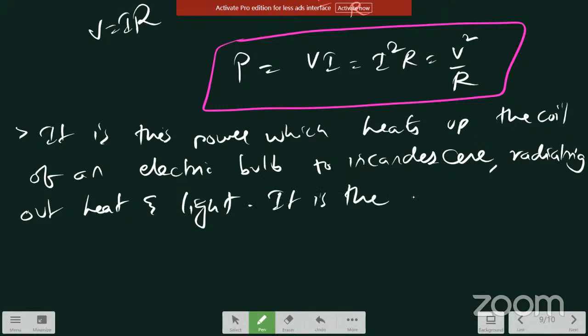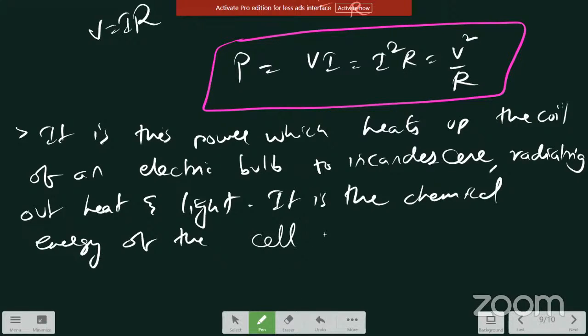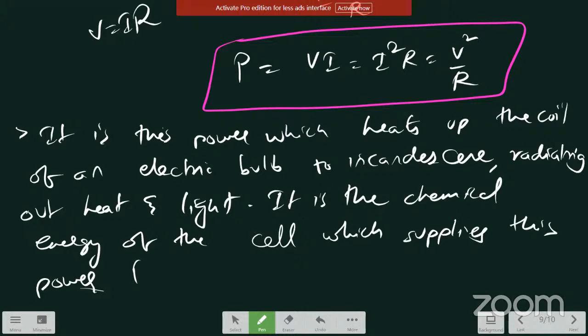It is the chemical energy of the cell which supplies this power for as long as it can.